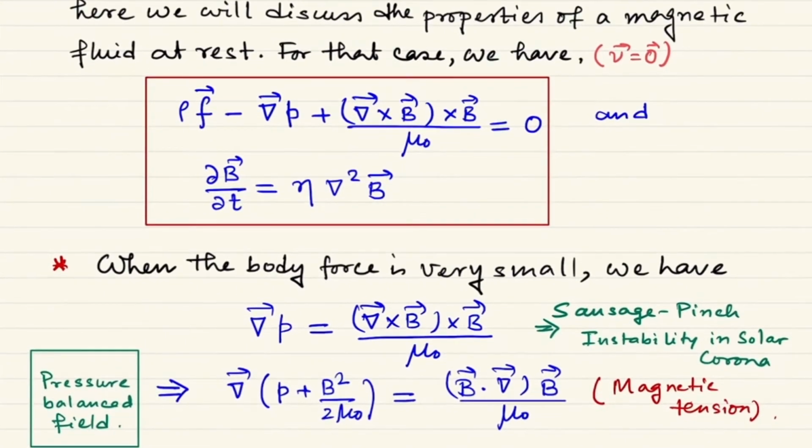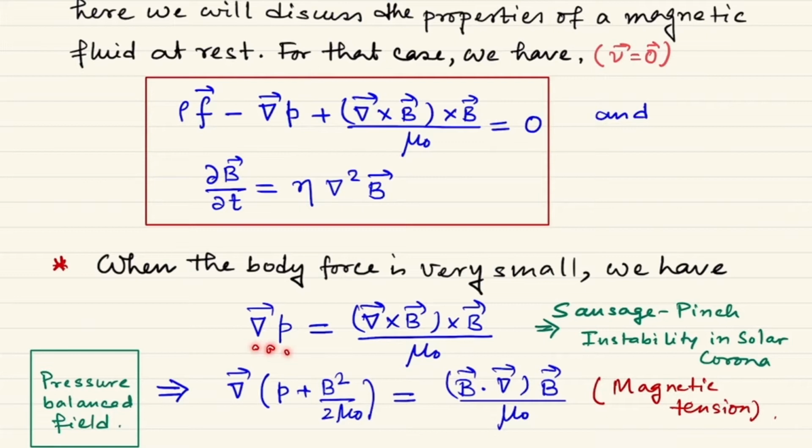Now when the body force is very small, as in most space and astrophysical cases, where the gravitational force is very small with respect to the pressure gradient force and the Lorentz force, for example on the solar surface, then this term can be neglected and we simply have a balance between these two terms, exactly what is written here.